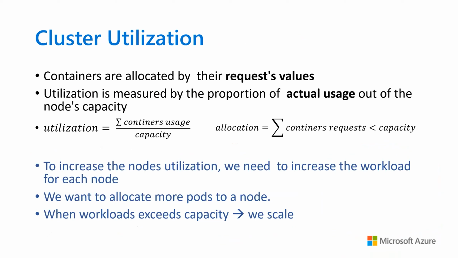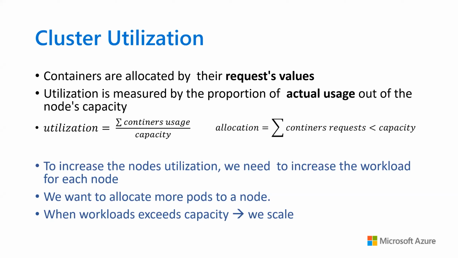Just to understand the calculations, as we said, the allocation or scheduling is affected by the aggregation of the requests. As long as we still have available capacity for the request of the new container, we can assign it to this node. And then the utilization is not affected by the request, but only by the actual usage. So it will be the aggregation of the total usages out of the capacity.